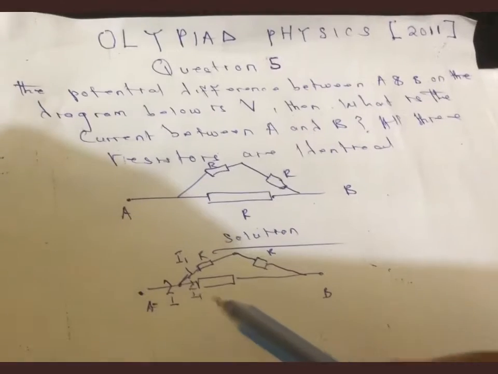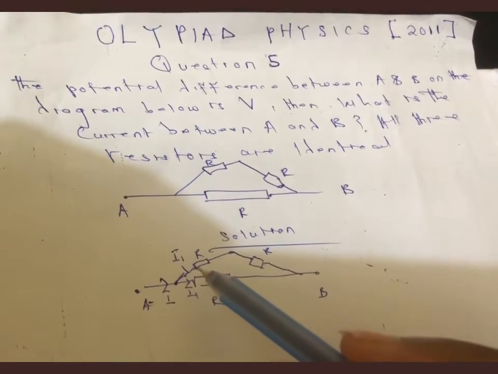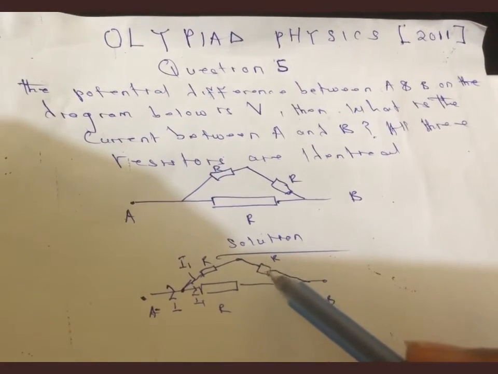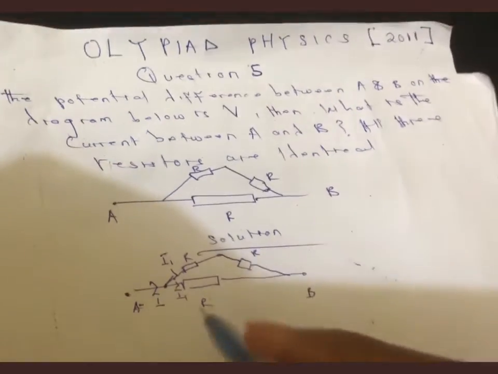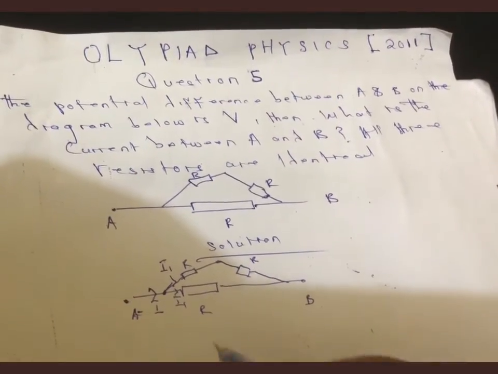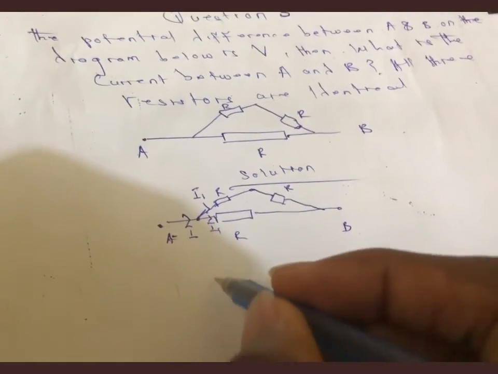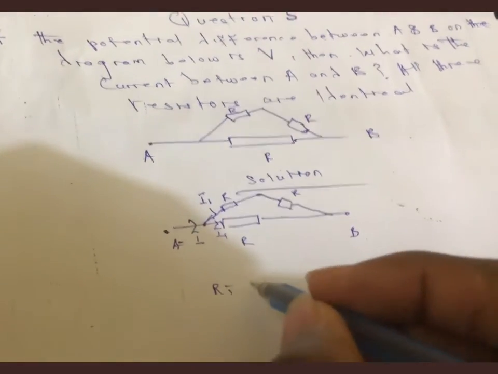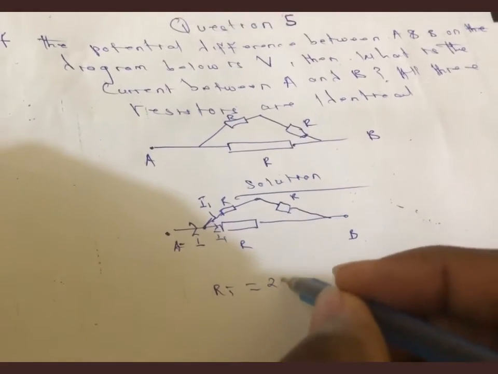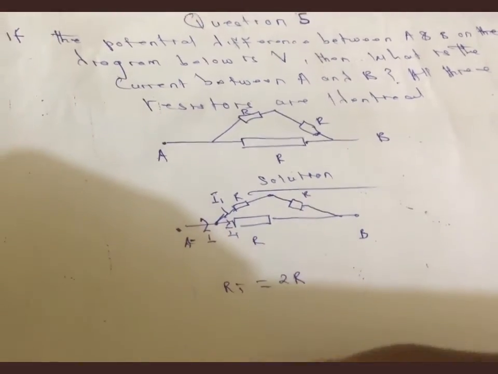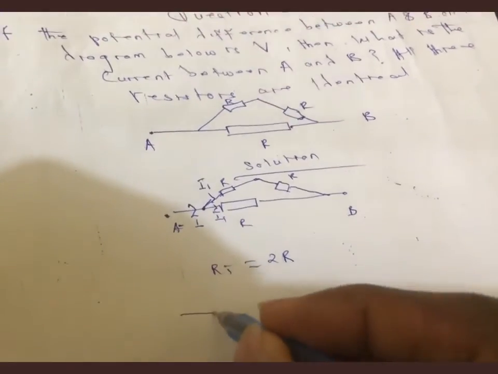So we know that the same current flows through this resistor and also through this resistor. So these two are in series, so we can take the total resistance to be 2R.